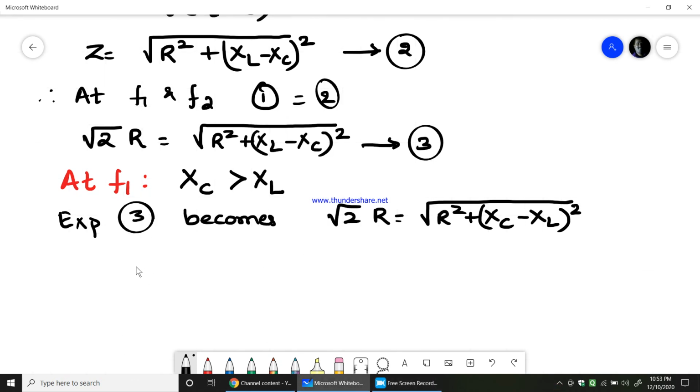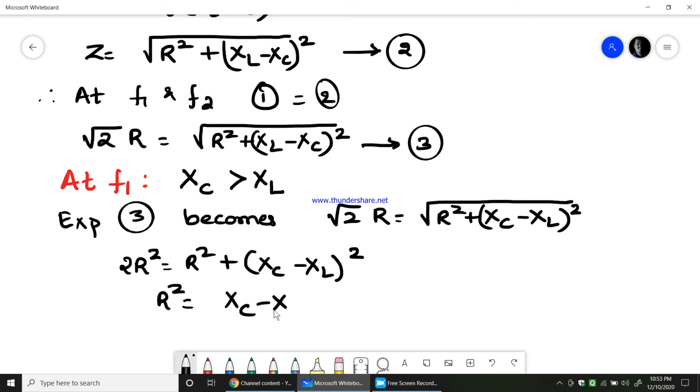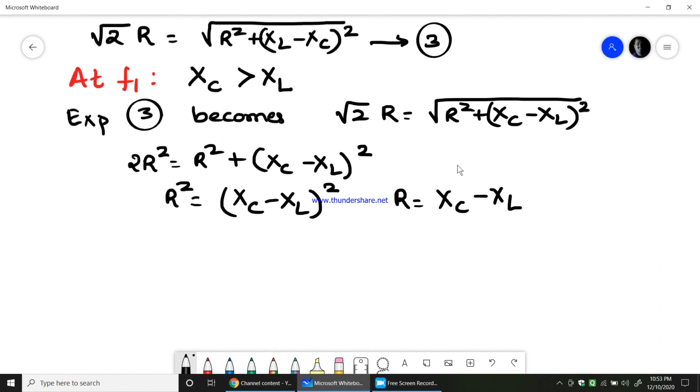If I square both sides, then root 2R the whole square is 2R square equals R square plus XC minus XL the whole square. So 2R square minus R square, which is R square, equals XC minus XL the whole square. Therefore R would be equal to XC minus XL.